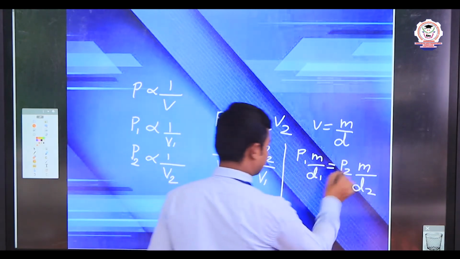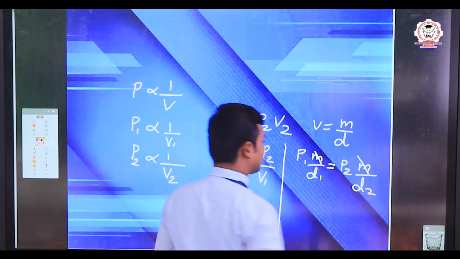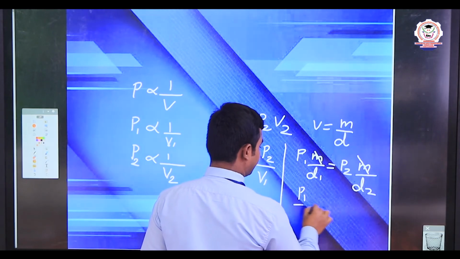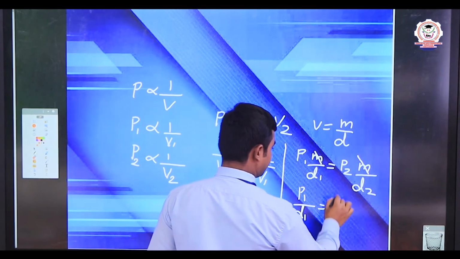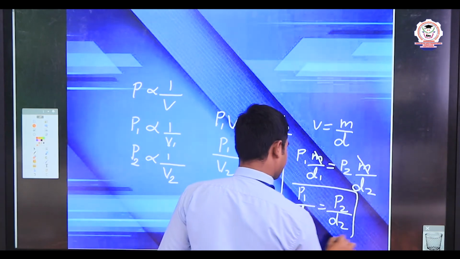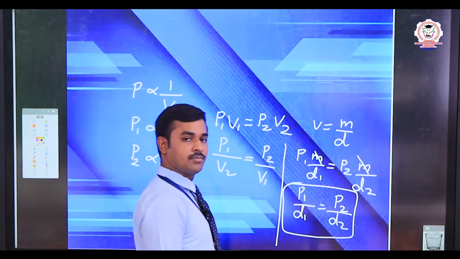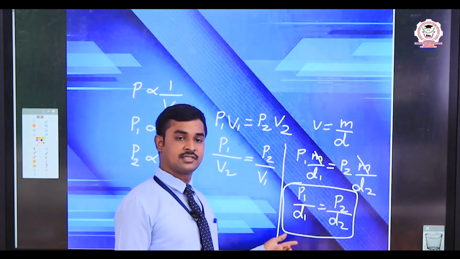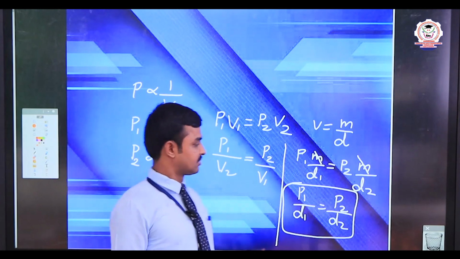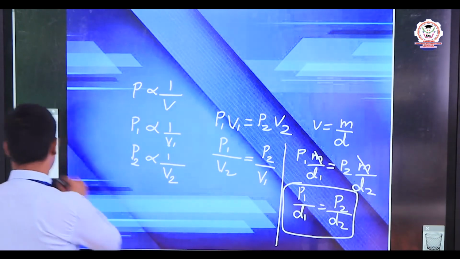So, mass is constant, and you can erase the m values. So, you can write P1 divided by d1 equal to P2 divided by d2. This is also another form of Boyle's law. Here we used the density d instead of volume, that is all. Note it for further clarity.